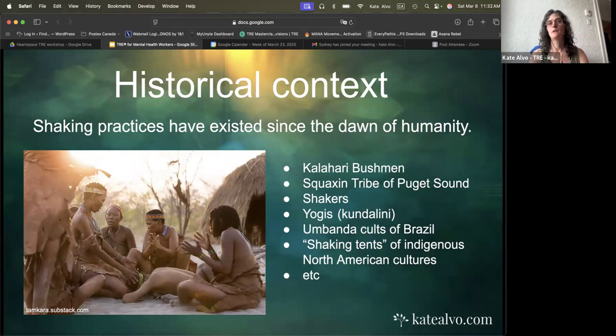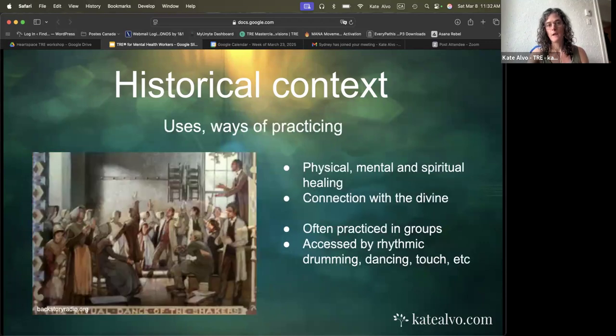There's also the shaking tents in indigenous North American cultures, which is not necessarily the person shaking, but the tents shaking. Anyway, this mechanism of shaking is not something new. It's not something that David Berceli invented. This is something that is so deeply held within the human and the mammalian body. So I thought it was interesting to give you a little bit of context there.